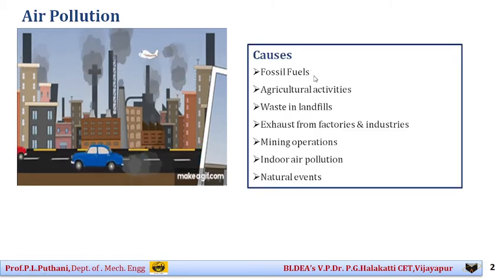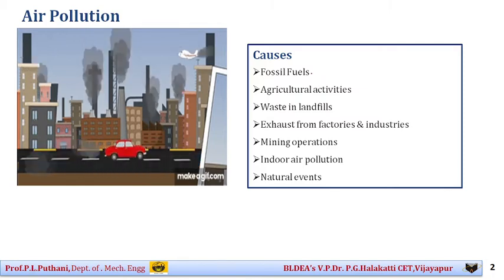If you observe the different causes, students, the first cause is fossil fuels itself. We use fossil fuels in different sectors, such as transportation, and we prefer them in industries and factories.